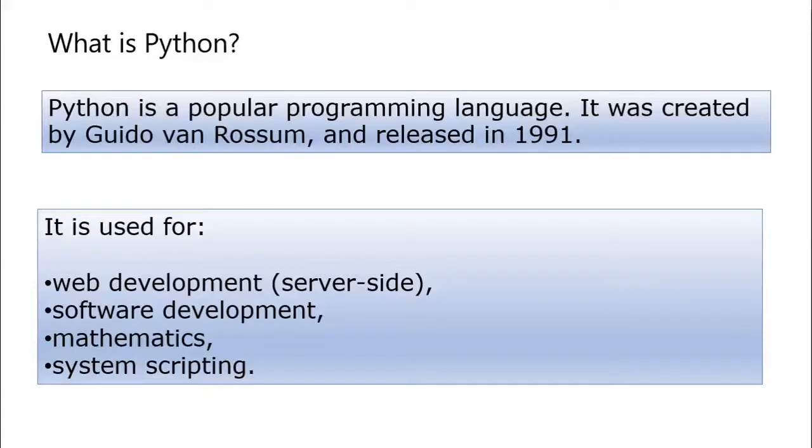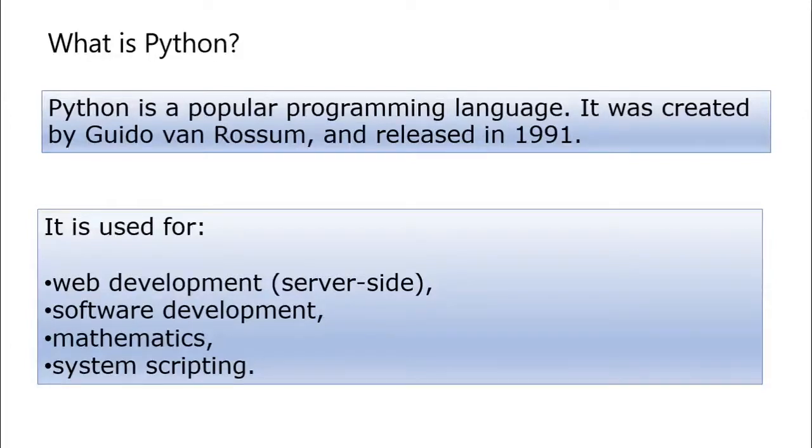What are the uses of Python? We can do lots of things using Python. The main ones are that we can develop web applications, which we have in the syllabus of the third year. We can develop different types of software, including standalone software, by using Python. We can solve many types of mathematical problems.